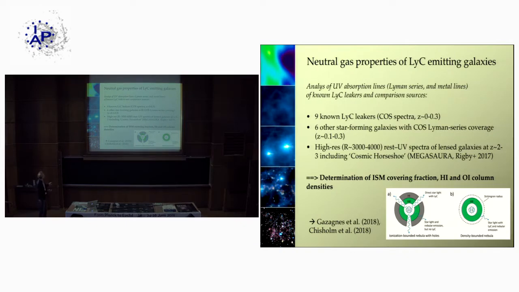We have added other galaxies which are presumably non-leakers, and we've looked at the UV spectra of those, all from COS, and also compared this with UV spectra from other galaxies. And the goal was to see whether we could study the geometry of the interstellar medium and provide constraints on the covering factor, on the existence of channels or inhomogeneities or not, which could explain the Lyman continuum escape.